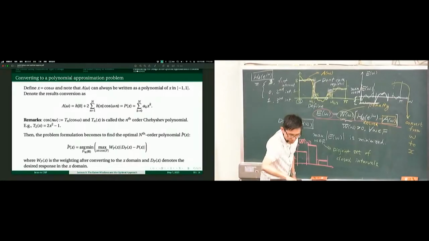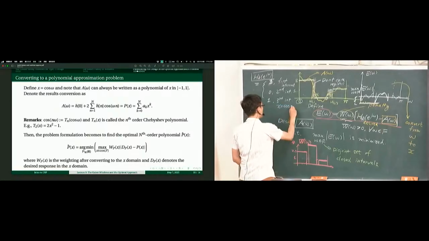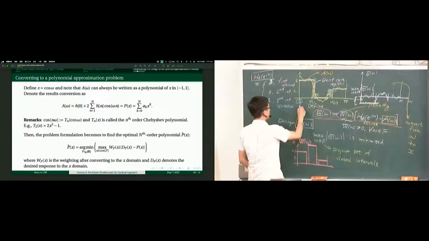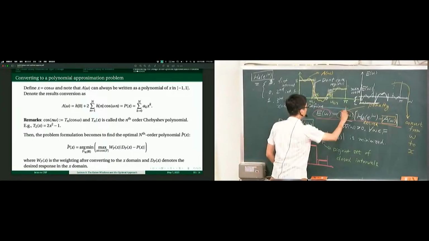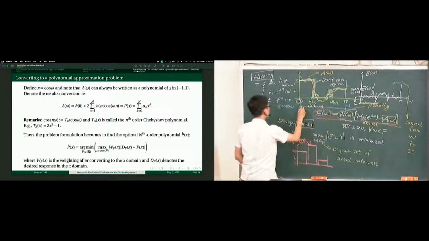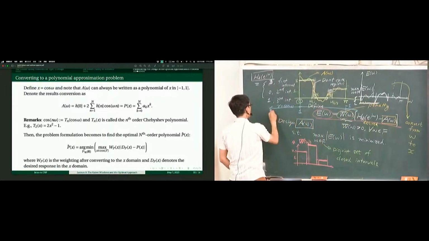Cosine omega is X. So on the x-axis, cosine 0 is what? Cosine 0 is 1, and cosine pi is -1. So the x-axis goes in the opposite direction. That's all, it's a change of variable.